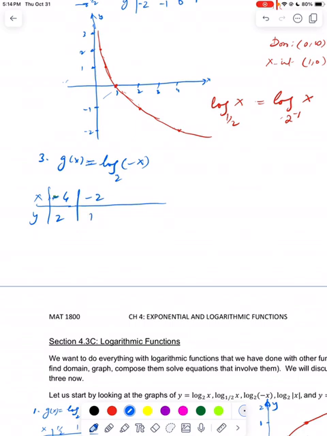At -1, we will have the value 0. At -1/2, the value will be -1, and at -1/4, the value will be -2. And now we graph it.